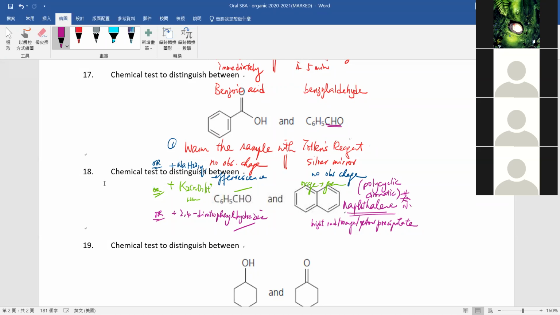So what is meant by polycyclic? So many rings. Aromatic, which means what? 芳香族. What they have in common is that those pi electrons, I mean the carbon-carbon double bond, the second bond, those electrons can be free moving like this. So once I put it here, okay, we will get another structure.